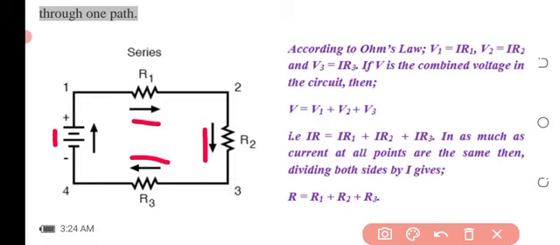The three of them are connected across just one path, and current starting from here moves straight to R1, straight to R2, to R3 without entering any branch, because there's no branch across the circuit. Which makes the current in R1 equal to the current in R2 and the one in R3. That is what the statement is saying.